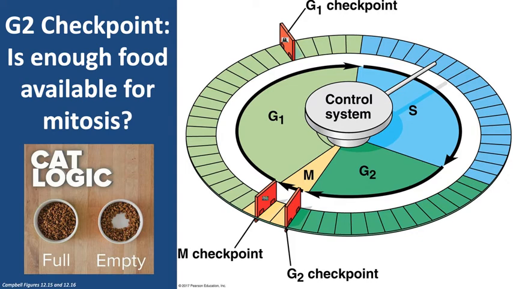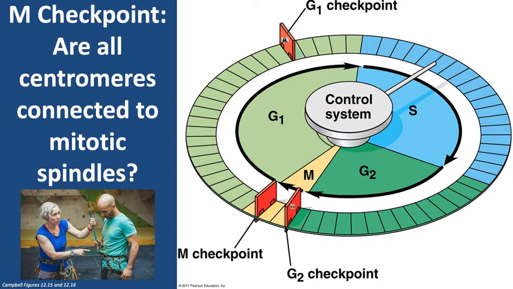And if the answer is yes, that removes this checkpoint and the cell can now enter M phase. And then the M checkpoint happens sometime during, say, metaphase or thereabouts. And the basic question is, are the centromeres actually connected to the mitotic spindles? And if they are, then you can start pulling them apart and creating 2 new cells.